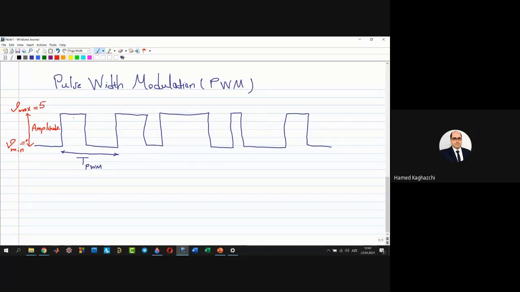Now, if you look at here, at each period of time, at each T PWM, we have a section in which our signal is high or on, and another section in which our signal is low or off.